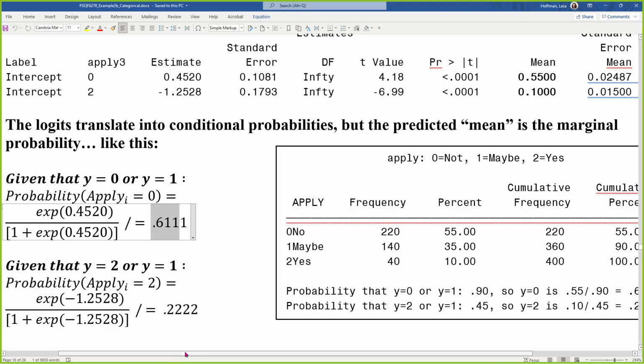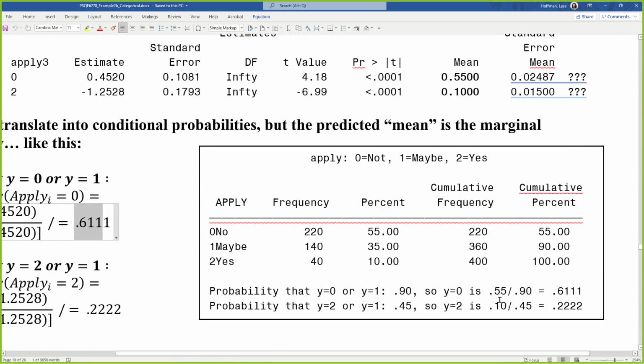That probability is the proportion of people in the 0 category over the proportion of people in the 0 or 1 categories combined. So 0.611 is the probability of answering 0 instead of 1.